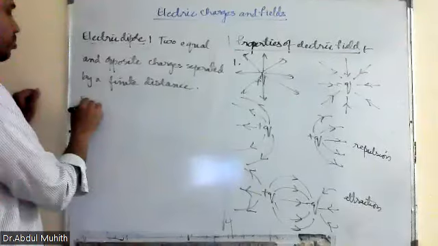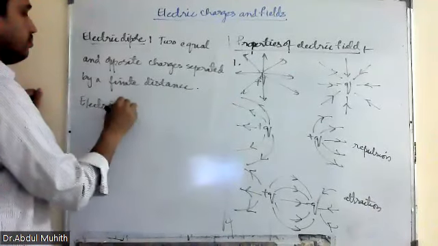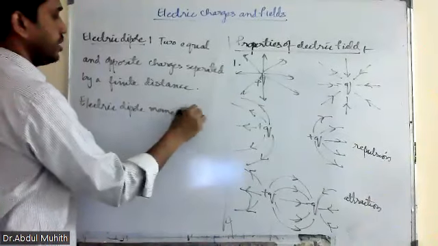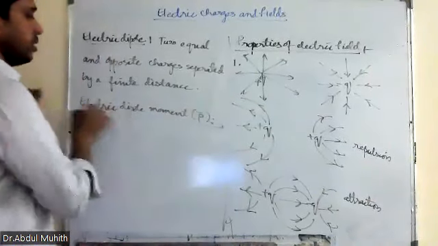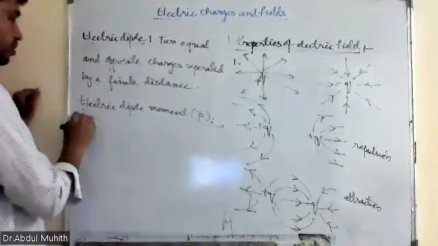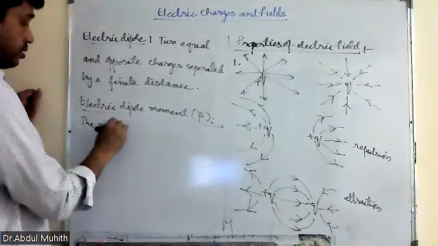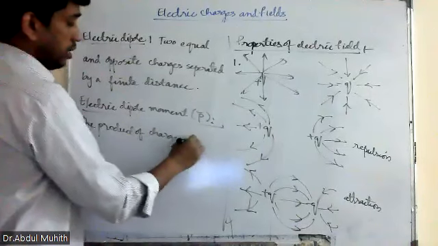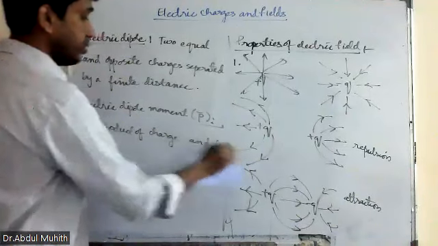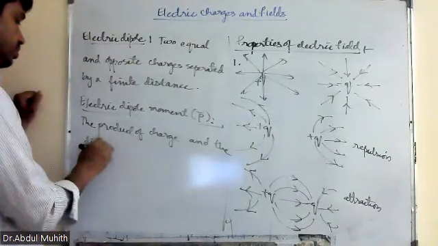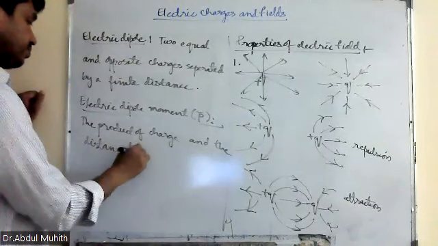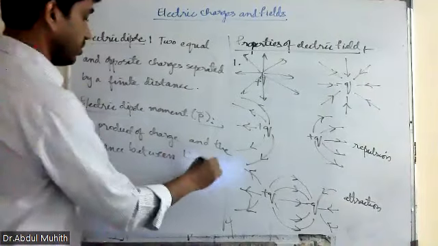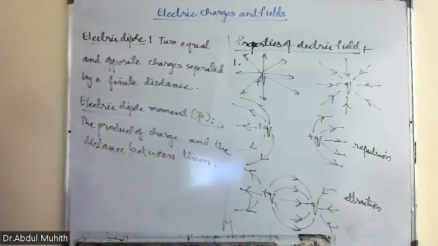What is electric dipole moment then? Electric dipole moment is P. It says that the product of charge and the distance between them is said to be electric dipole moment.